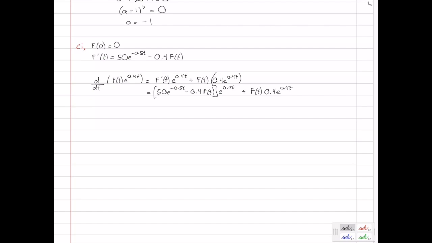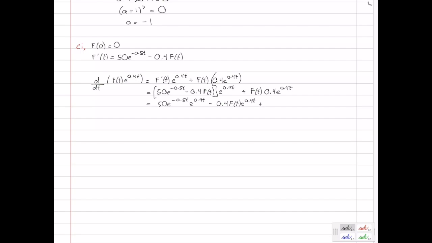Now we can distribute out through the brackets, and we'll get 50 e to the negative 0.5t times e to the 0.4t minus 0.4 f of t e to the 0.4t.